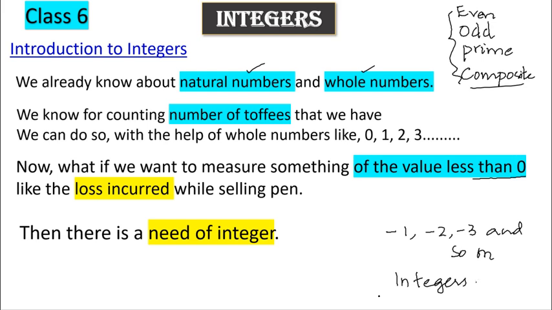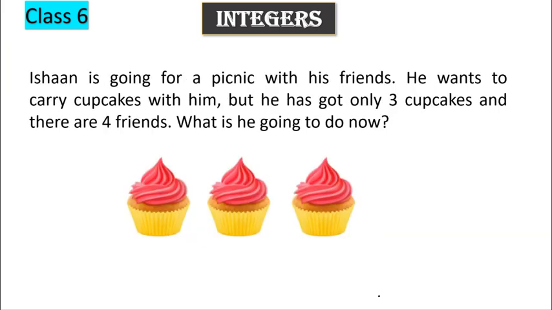Here I am giving you a scenario. Ishan is going for a picnic with his friends. He wants to carry cupcakes with him, but he has only 3 cupcakes and there are 4 friends. What is he going to do now?